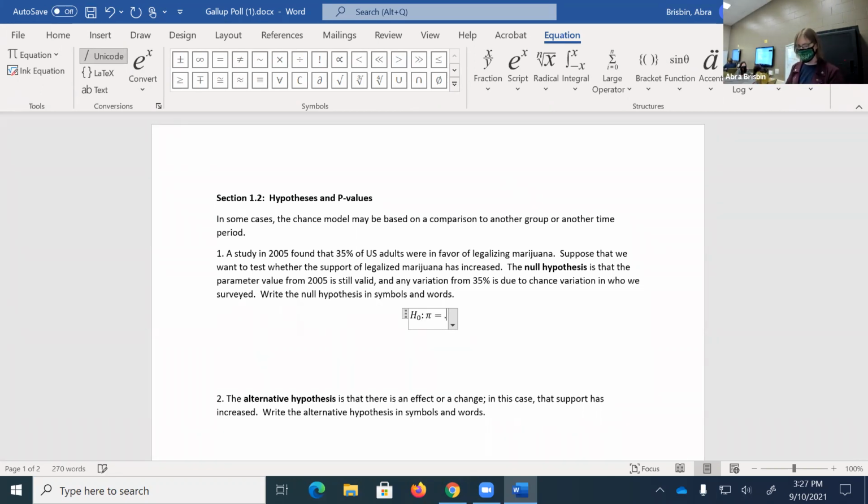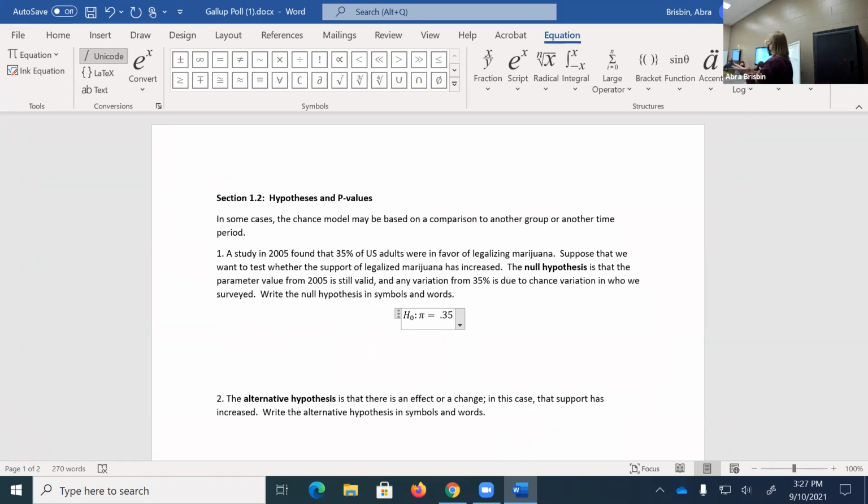So we're getting that value from the state of things in 2005. We want to test whether 2016 is different, and in order to do that, we're saying, suppose that it's not different. Suppose the exact same percentage from 2005 is still true in 2016.